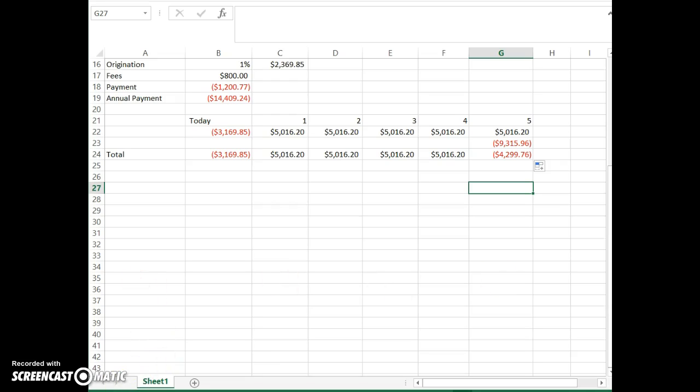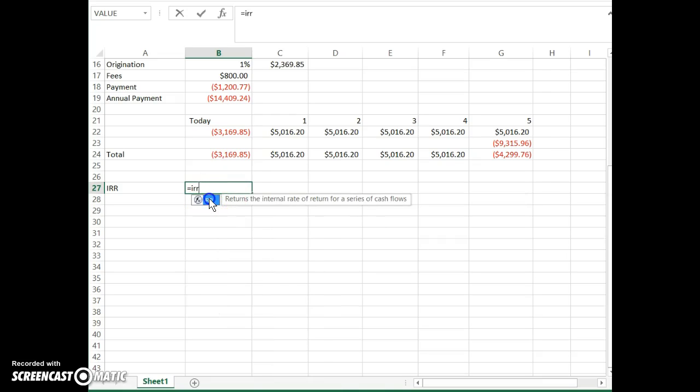Okay, now that we have done that, we are going to do the IRR. I'm going to put that down here. And you see how non-accurate IRR can be while having positive and negative values.